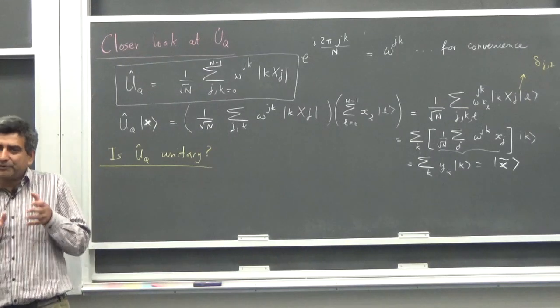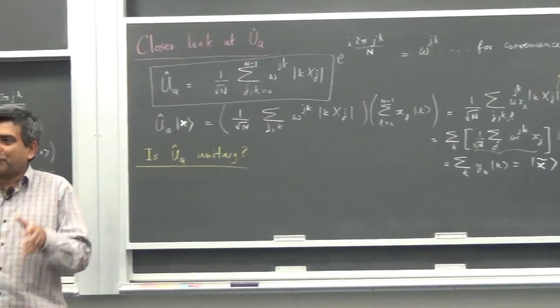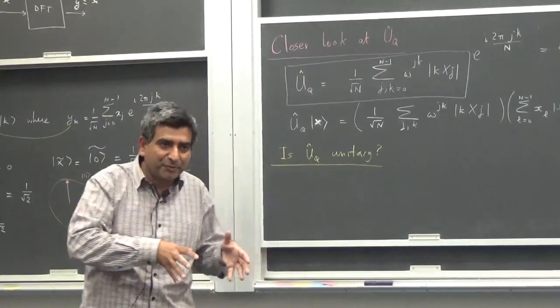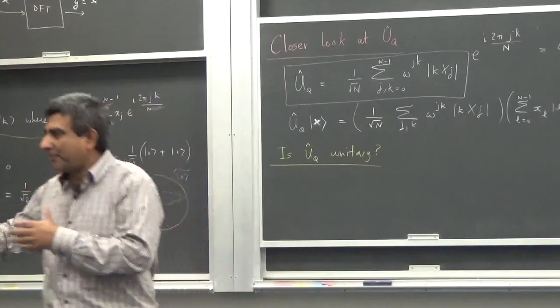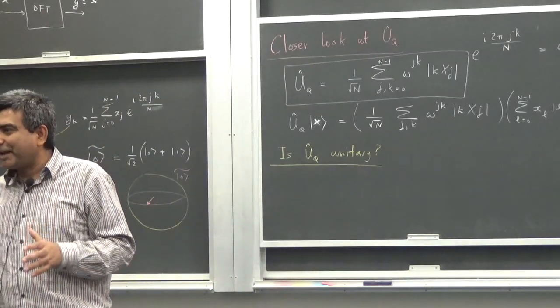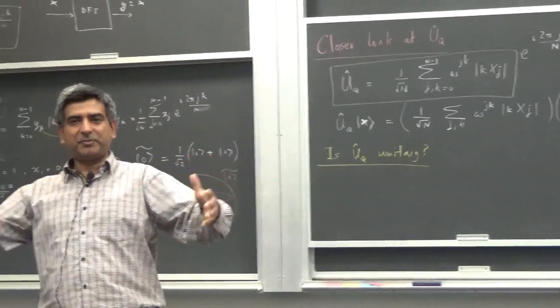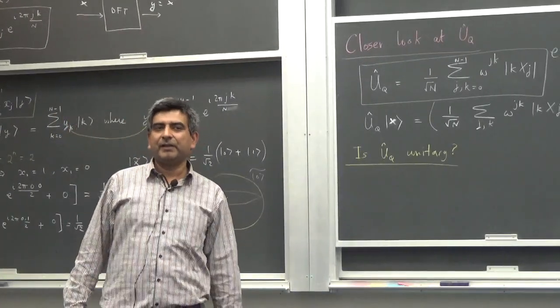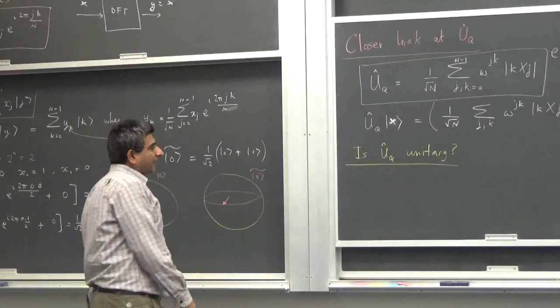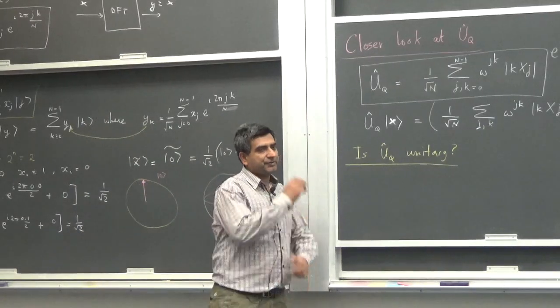Because if this UQ is unitary, I can implement this on quantum hardware, on a quantum computer, because a quantum computer works on reversible states. It works on unitary operations. So for that, the quantum Fourier transform has to be unitary. So how do I know that this is unitary?